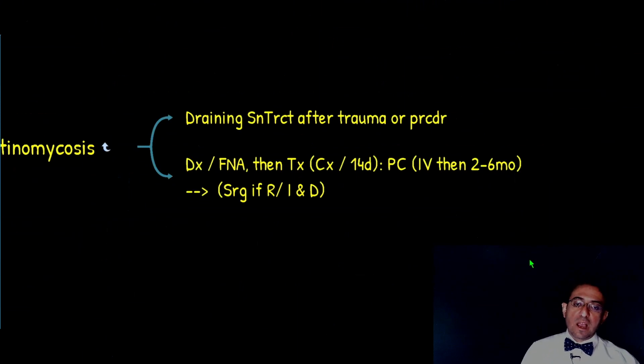It's diagnosed by FNA, and we also need to obtain samples for culture, but we need to initiate the antibiotic therapy given the risk of the condition, and antibiotic is penicillin. Usually we initiate IV, and then we continue with 2 to 6 months of oral penicillin. If the condition is resistant, we use incision and drainage.